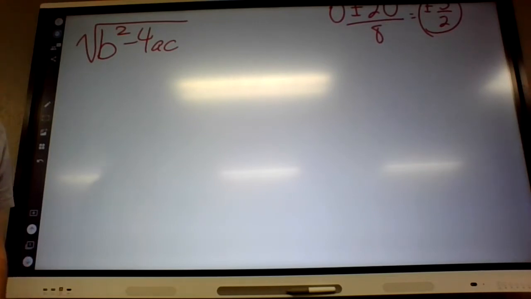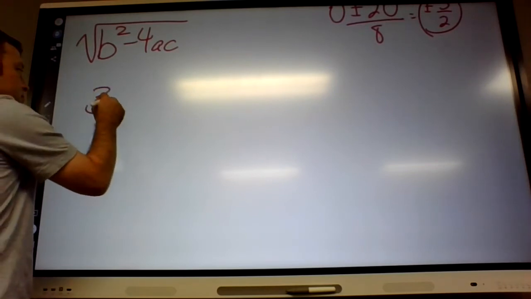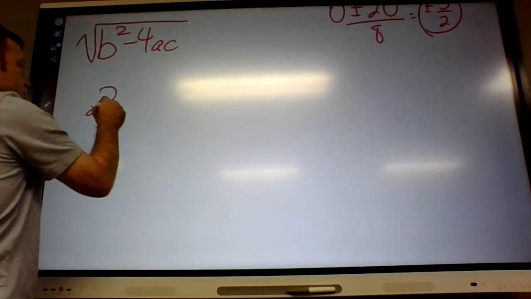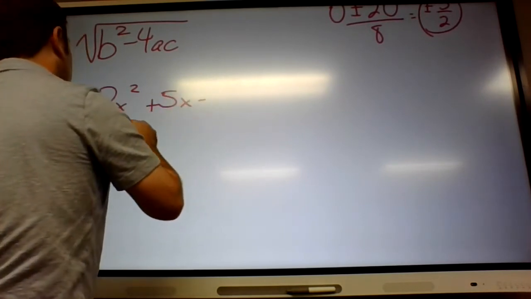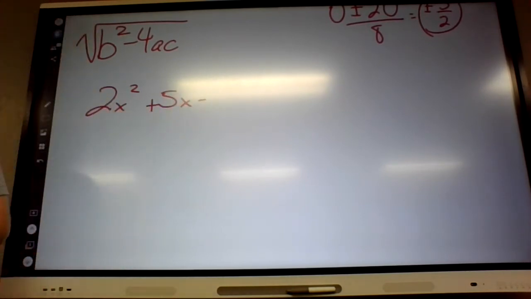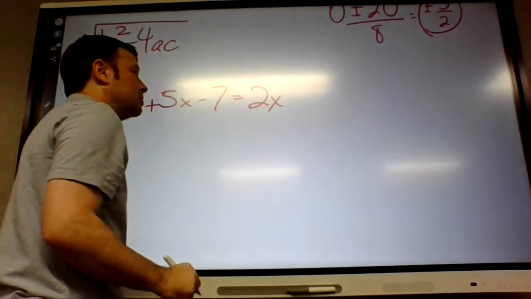Yeah, if it comes out as 0, there's 1 rational answer. Probably should have written that on the board at one point. If it's negative, it's 2 complex.